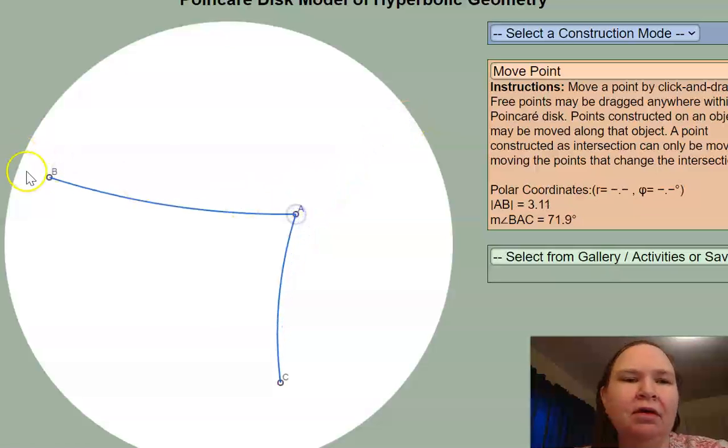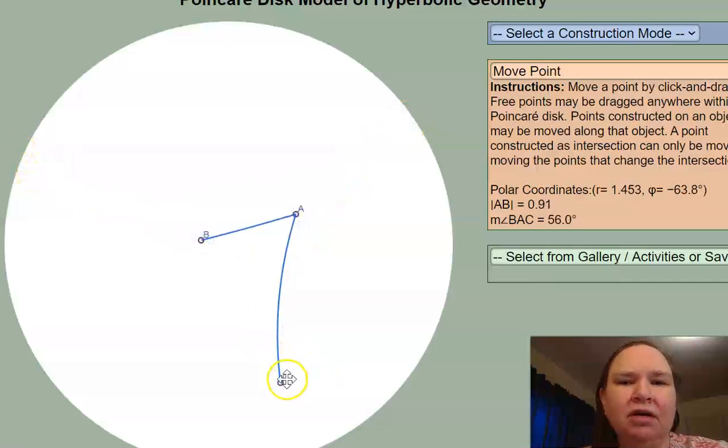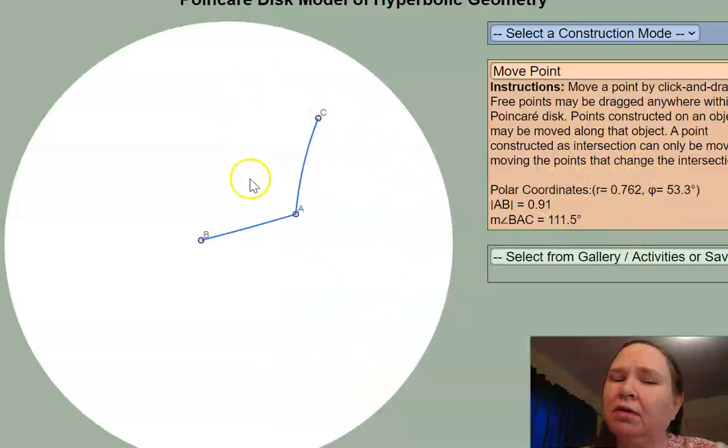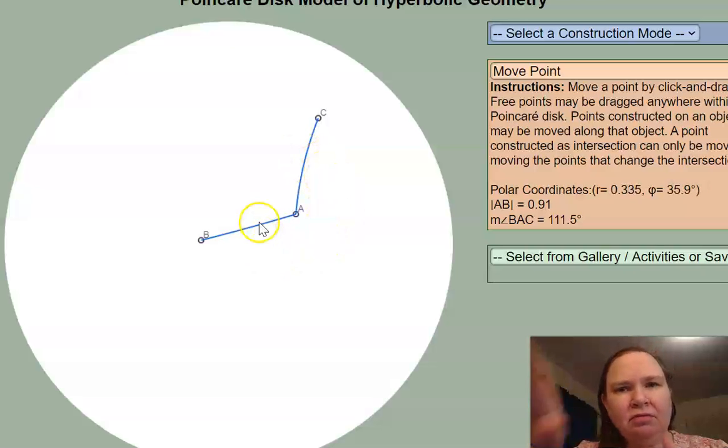If I make an angle that's kind of near the middle, then I'm going to get a larger number of degrees. I can get any angle between 0 and 180. This program always measures the smaller of the two angles, so it's not going to tell you the angle around the outside.